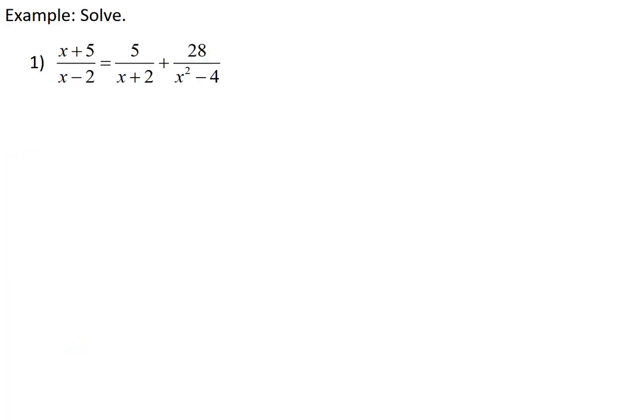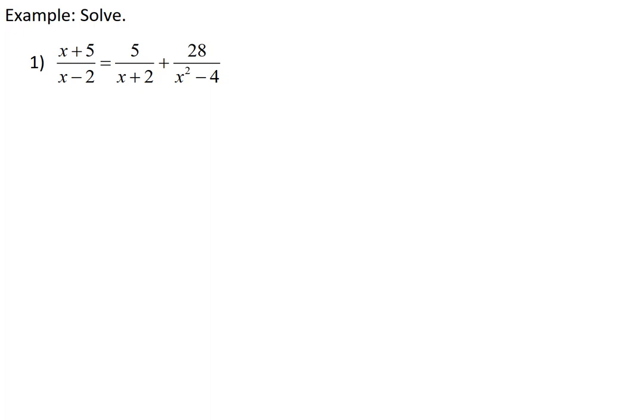Let's look at an example where we want to solve the following equation. It reads x plus 5 over x minus 2 equals 5 over x plus 2 plus 28 over x squared minus 4. Well, our first step is to clear the fractions, and to review that process, we first must find an LCD.